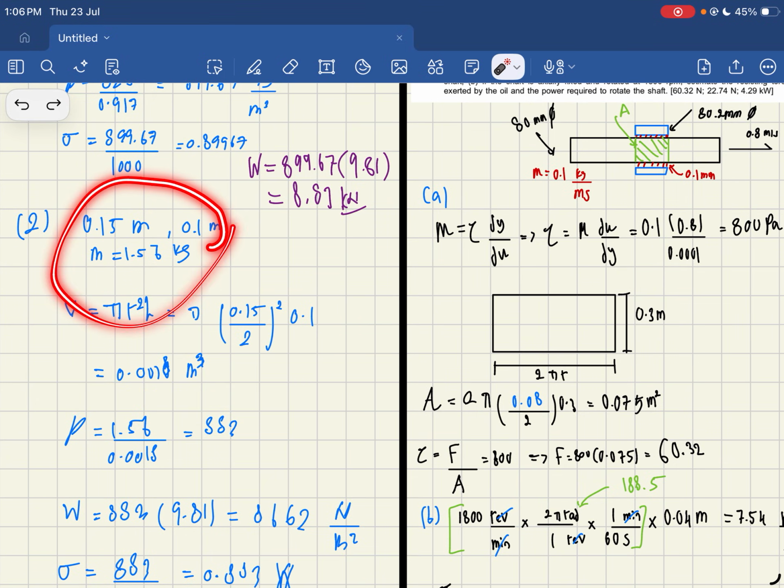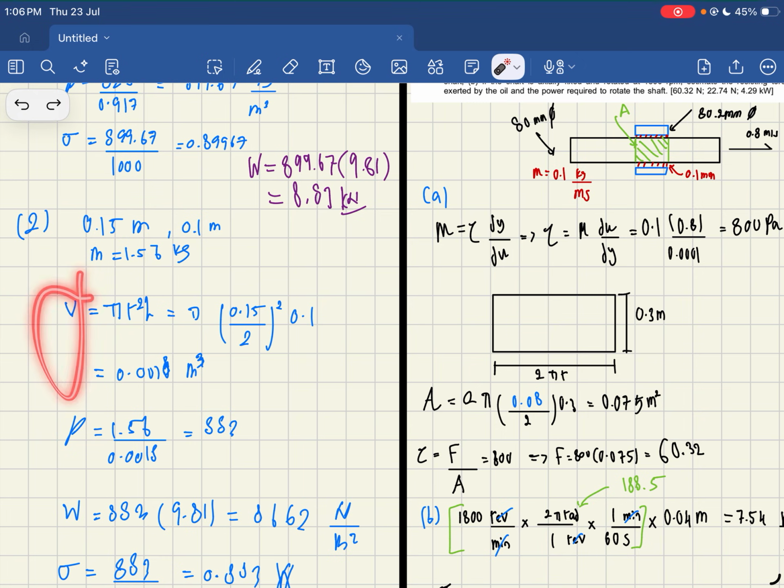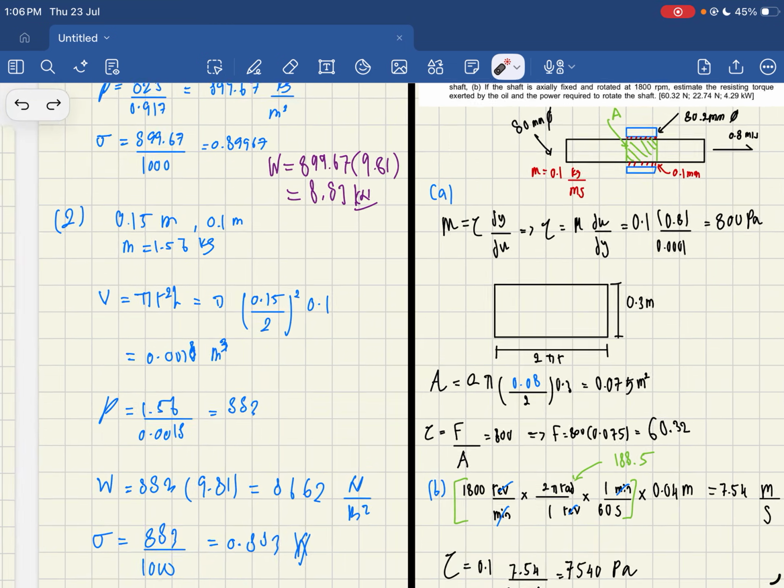So note down all the information, and we need to calculate the volume of it, which is by applying the formula pi r square times the height. So the r, or the radius, will be 0.15 divided by 2. Then you will get the volume of 0.0018 meter cube.